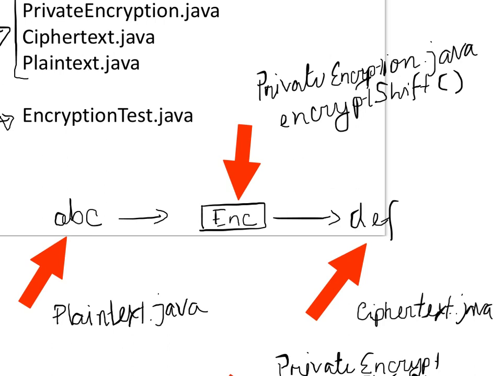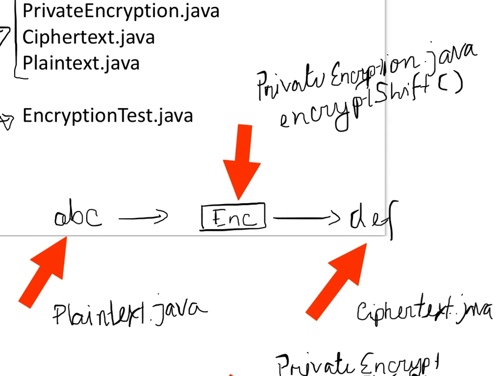In this assignment we would say ABC is the plain text and is represented by PlainText.java, and then DEF is basically a shifting of ABC, which is basically a hiding of the plain text, and this one is represented by CipherText.java.